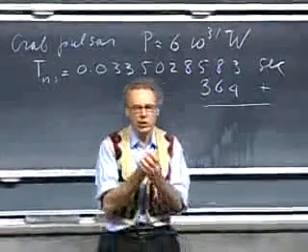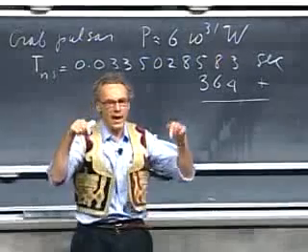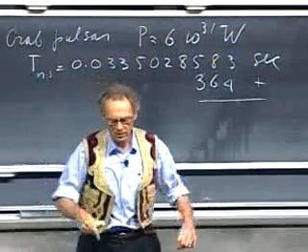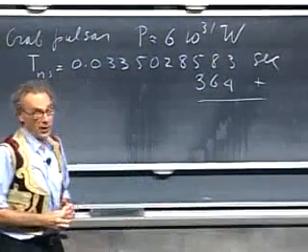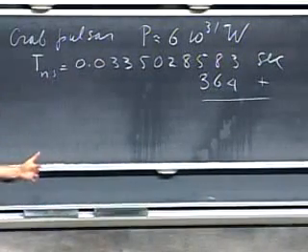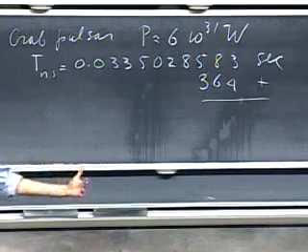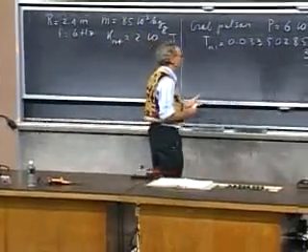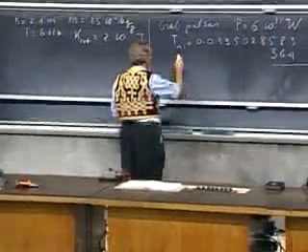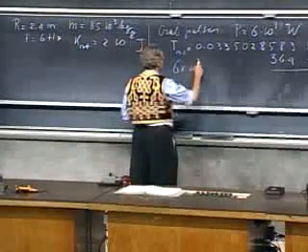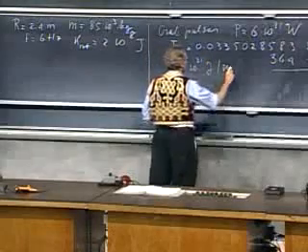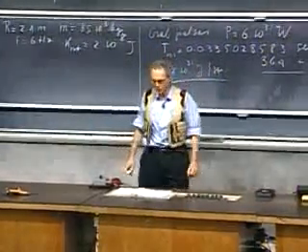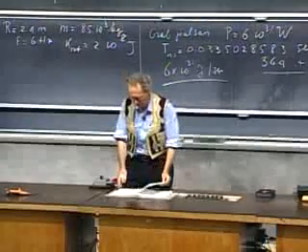The Crab pulsar is slowing down. That means omega is going down. That means 1/2 I omega squared is going down. And when you do your homework, which you should be able to do, to compare the rotational kinetic energy today with the rotational kinetic energy tomorrow, you will see that the loss of energy is 6 times 10 to the 31 joules per second, which is exactly the power that we record in terms of X-rays, gamma rays, and other forms of energy.